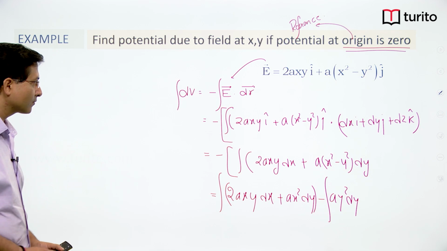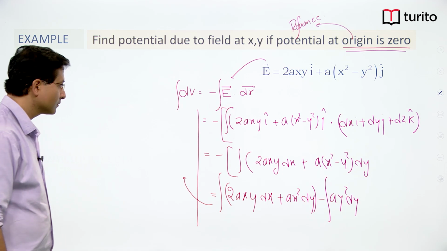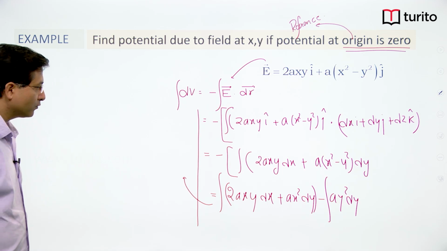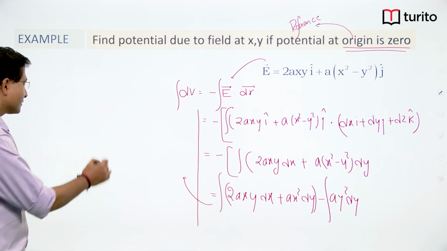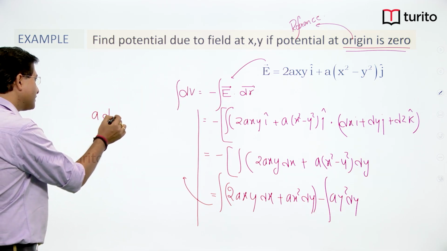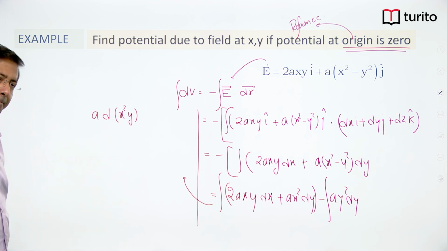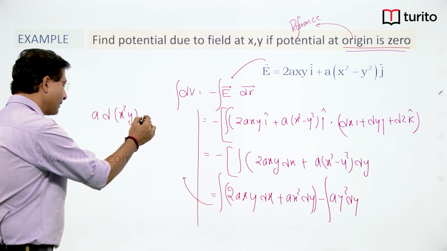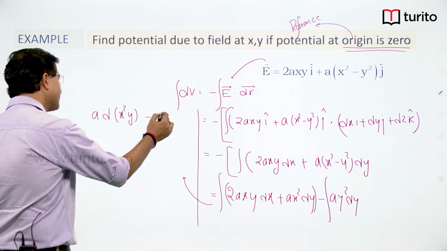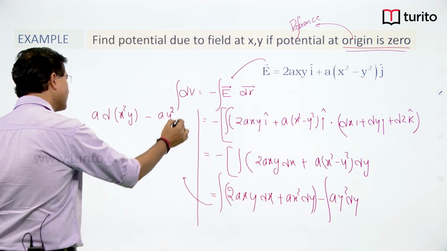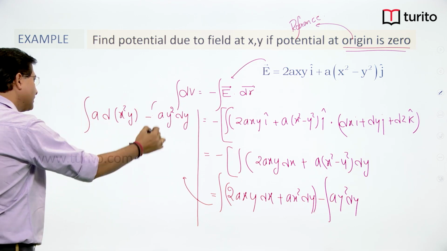How? Let us see. So if you look at this one, this can be written a times differentiation of x square y minus now this term ay square dy integration.